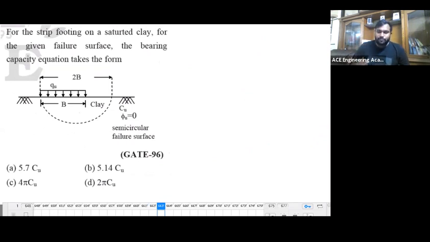Now, for a strip footing, it gives the type of failure. If you remember, on a saturated clay, the given is a clay soil, phi u is equal to 0, and the failure is a semicircular failure surface, which means a circular arc. You remember in chapter 15, stability of slopes, the failure happens as a circular arc.